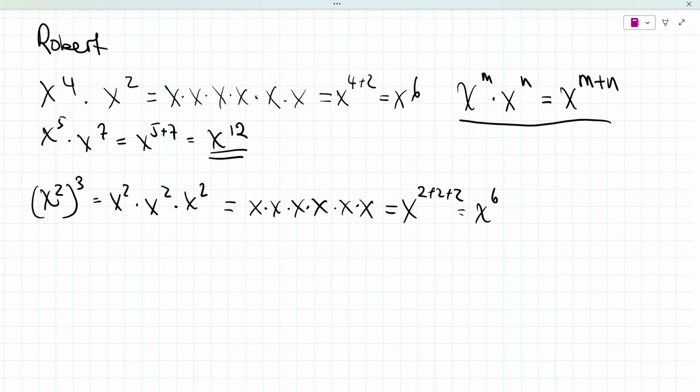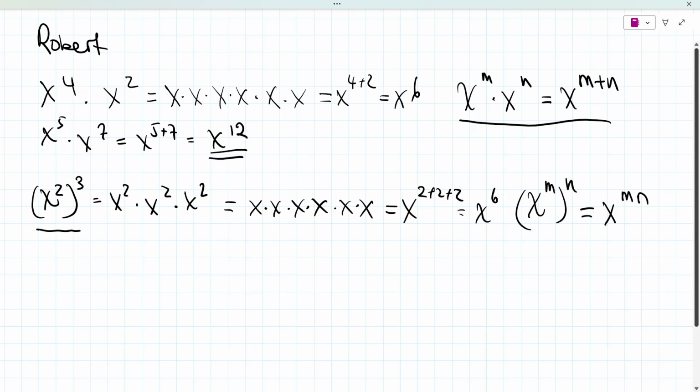And therefore, in general terms, if you have a number x to the power m, and this is powered to the level n, the final answer you get is x to the power m multiplied by n. Just like we saw in this example here, x squared to the power 3 is the same as x to the power 2 times 3, which is x to the power 6.